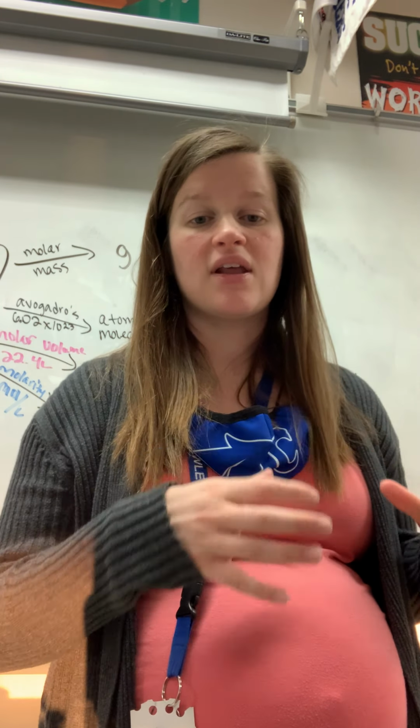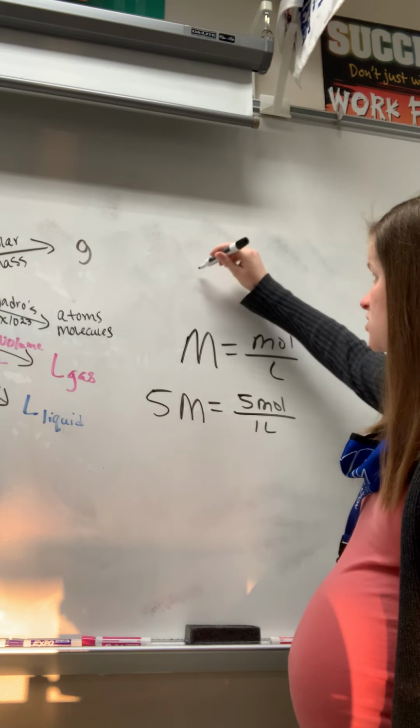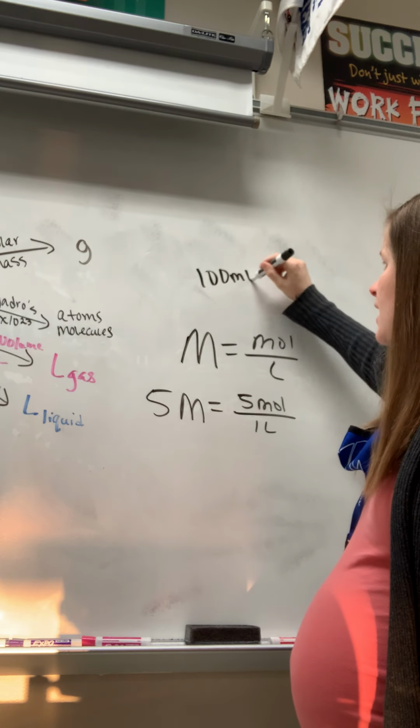No. In fact, in chemistry, a liter is huge, and we don't typically use a liter. We typically use much less than a liter, so you need to be able to convert. Say I had 100 milliliters of this substance.